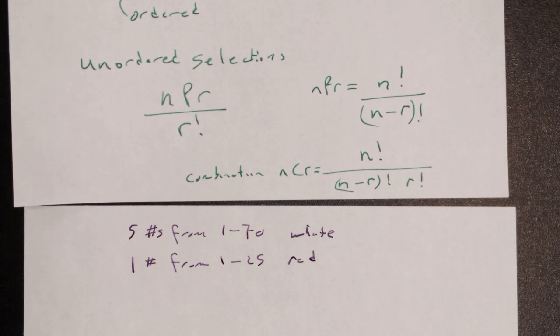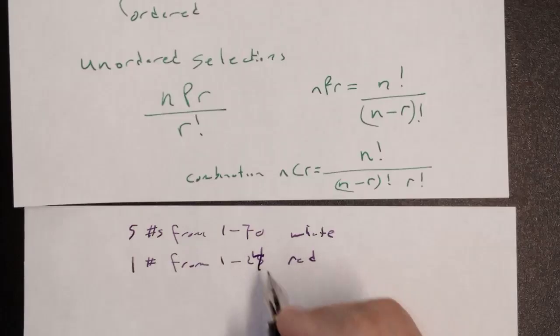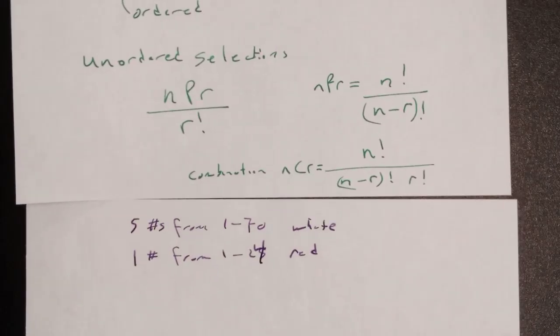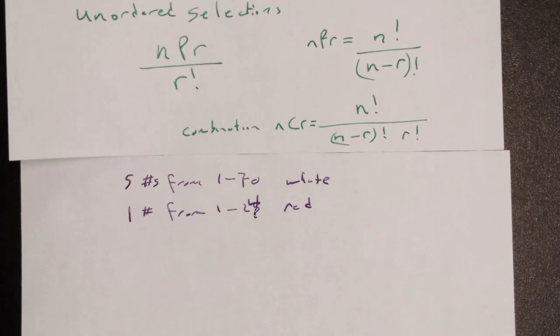Like with the Powerball, your numbers go from 1 to whatever, and then the other number, so there are two different kinds of numbers. Mega Millions does the same thing. 1 to 24? Thank you. Great.